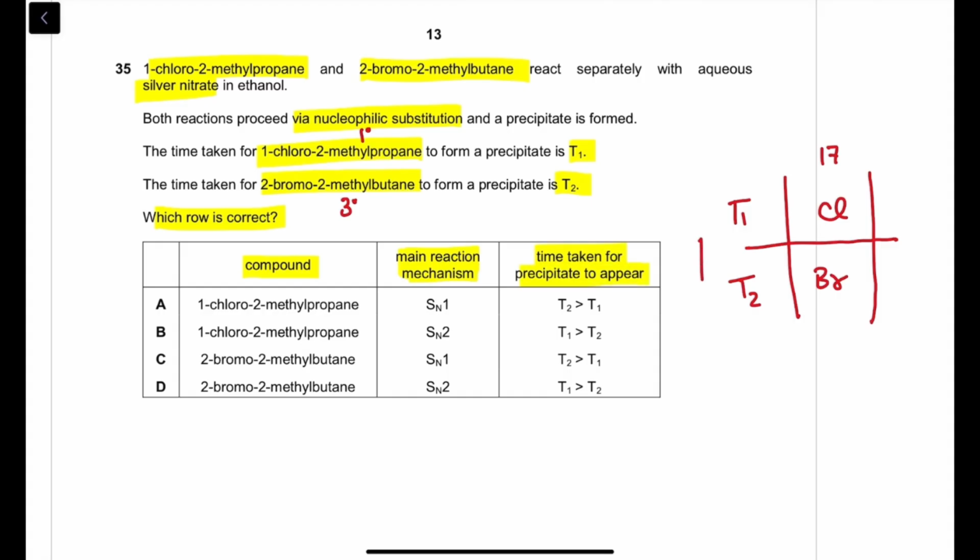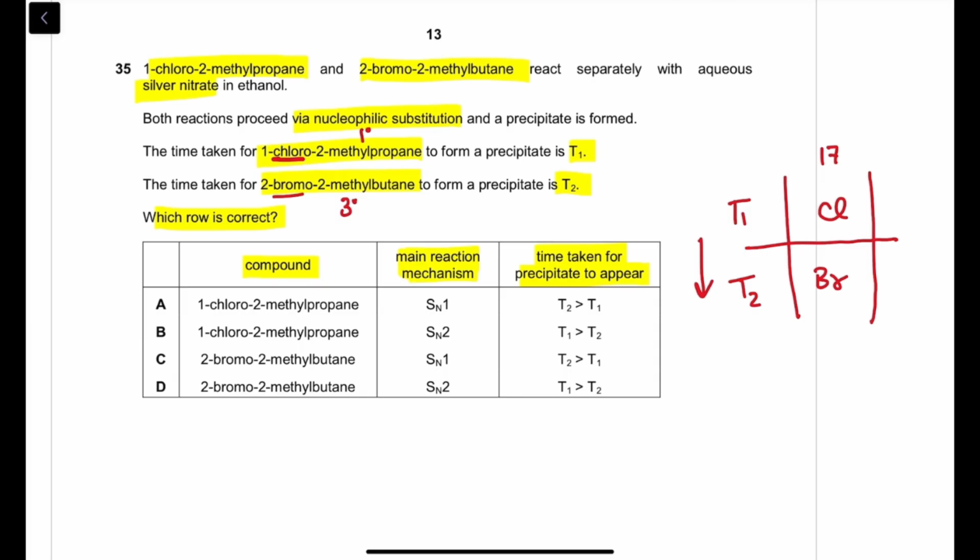So as we go down group 17, because we have Cl here and Br here, those are the main differences between the 2 compounds. As we go down the group, the bonds formed between these atoms and carbon atoms are a lot weaker, so the hydrolysis rate is a lot faster.